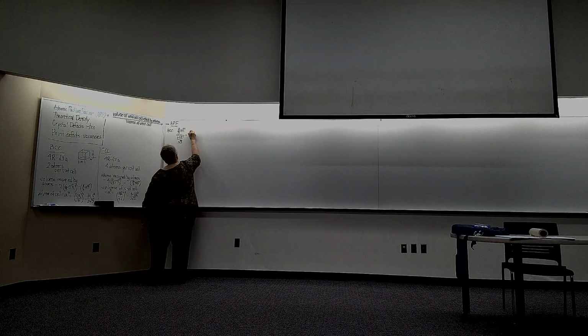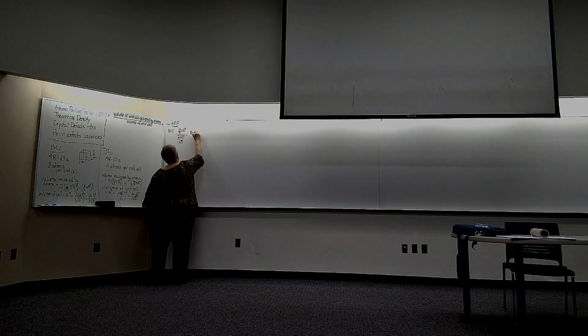So that's 8 pi r cubed times 3 root 3 divided by 64 r cubed times 3.